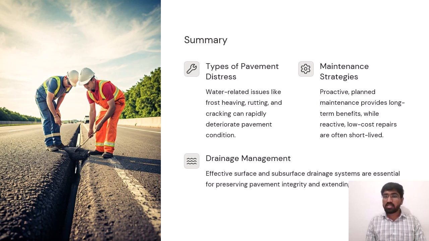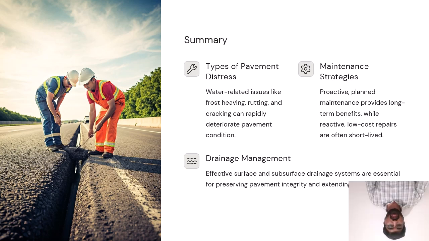In maintenance strategies, proactive planned maintenance provides long-term benefits while reactive low-cost repairs are often short-lived. In drainage management, effective surface and subsurface drainage systems are essential for preserving pavement integrity and extending its lifespan.